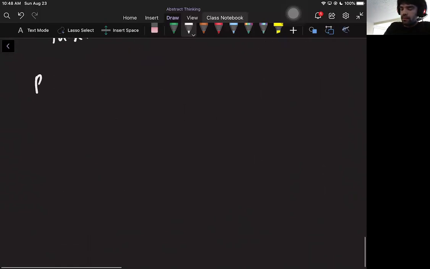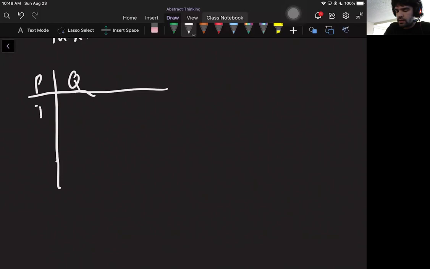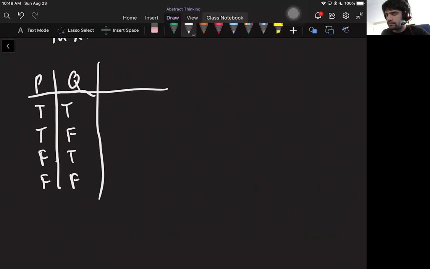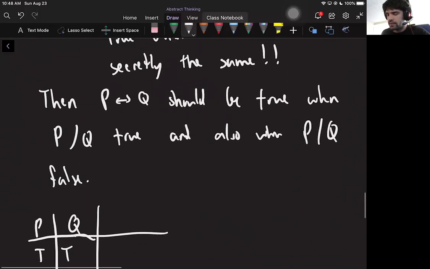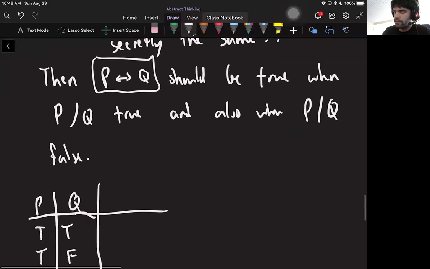So the truth table relies on P and Q. So that means I gotta do all 4 possibilities again of what can happen if I have 2 statements. So they can both be true, one can be false, the other can be false, or they can both be false. And then to make the truth table for this, I gotta remember what it really was.